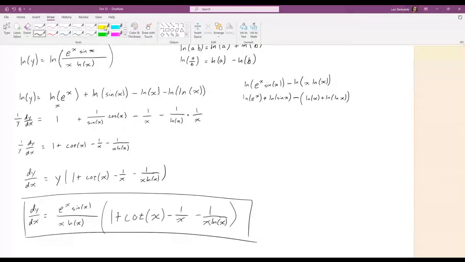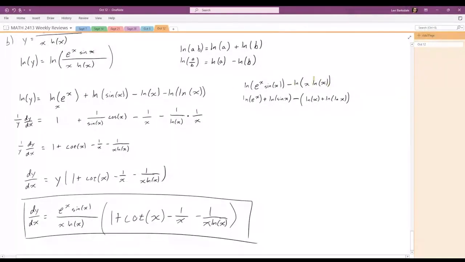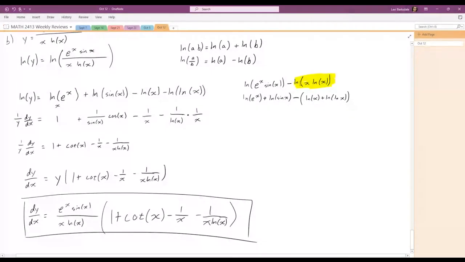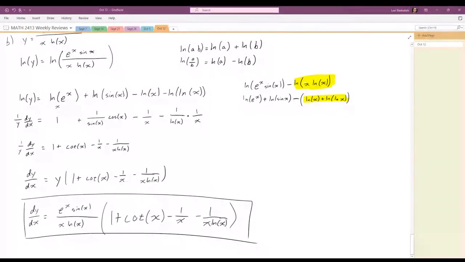Basically, how did I get from right here down to the second part? Is that what your question is? I think that's right. All right, so let's address this.